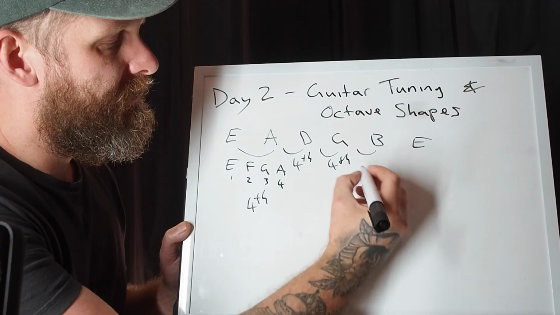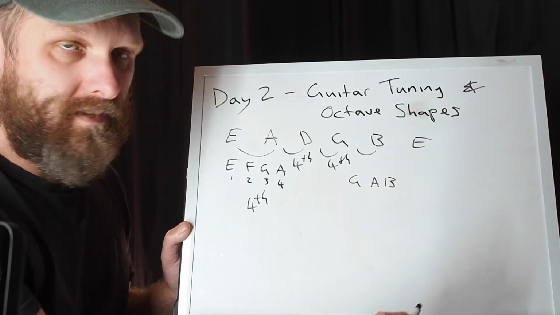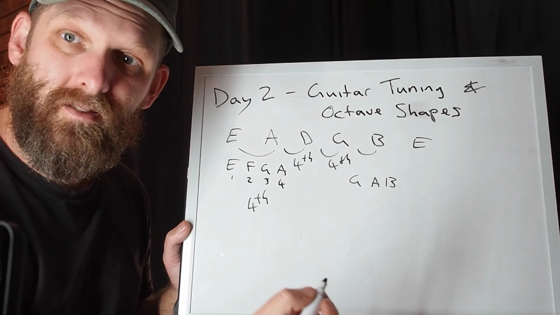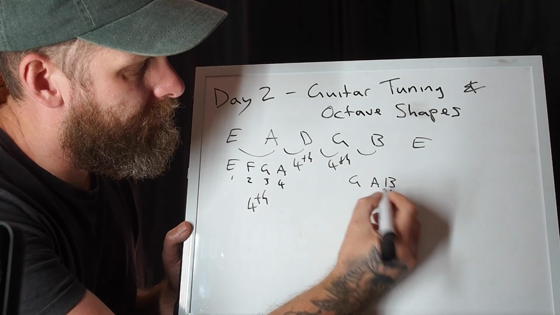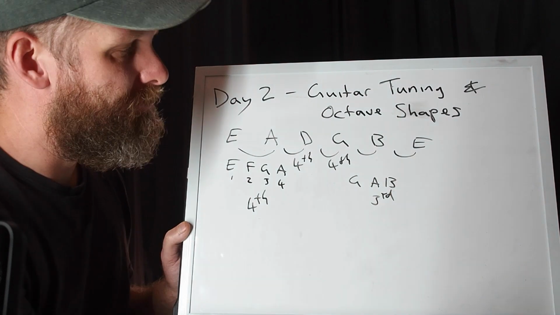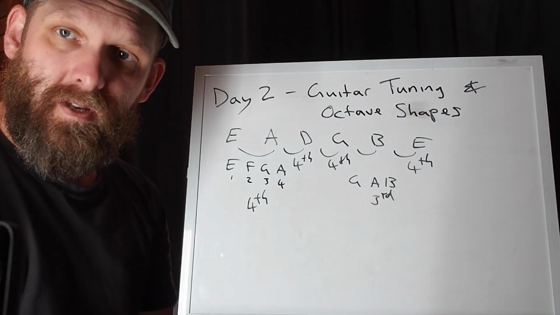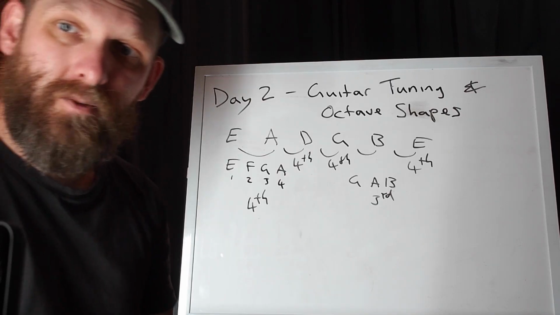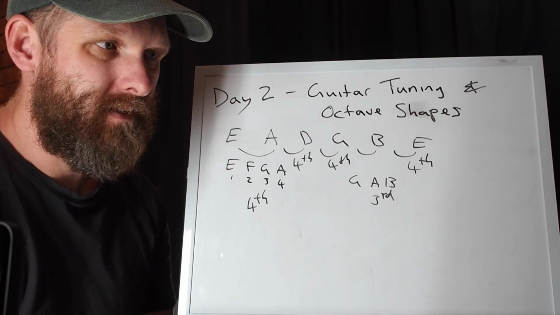Now G to B. If we go G, A, B, that is 3 notes, so that's a distance of a third. And then B to E, we're back to fourths. Okay, so I'll grab the guitar in a minute and we'll go through this tuning, but that's pretty much all we're going to talk about for that.